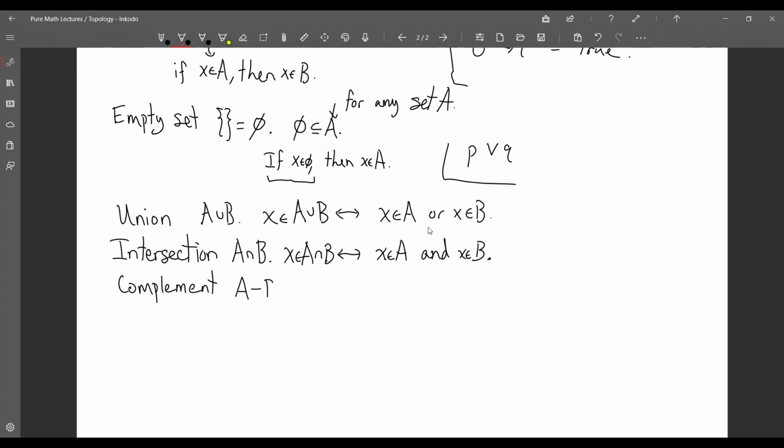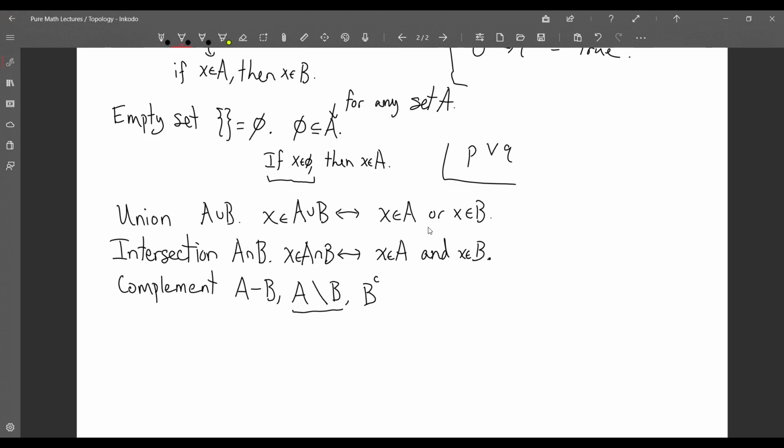So you could write A minus B, you could write A backslash B, or another notation which is more dependent on understanding the context is you would write B with a little c superscript, but that's usually when A is, let's say, your entire space that you're looking at, right? This is usually reserved for when you have some clear context of a universal space.